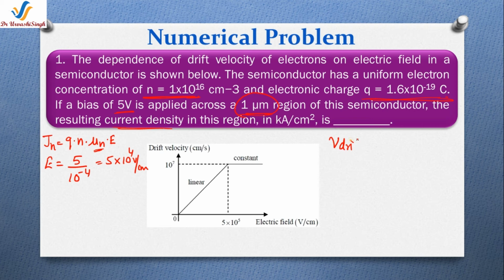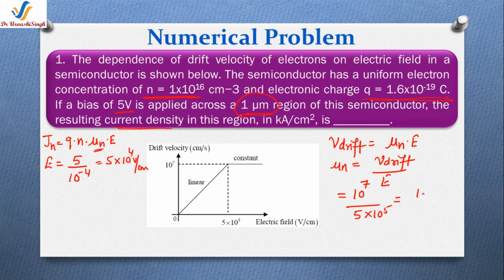The drift velocity is equal to mu n times E, so mu n is the drift velocity upon the electric field. We have the drift velocity 10 to the power 7 and the electric field is 5 into 10 to the power 4, so mu n is 10 to the power 2 upon 5. I am not solving it further because it will be convenient to find the final result.